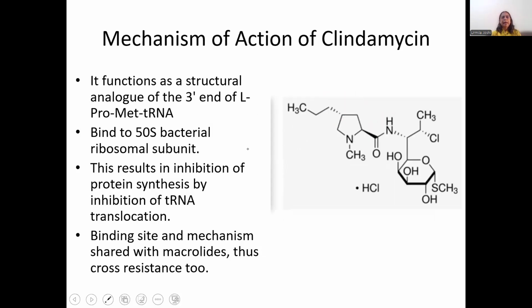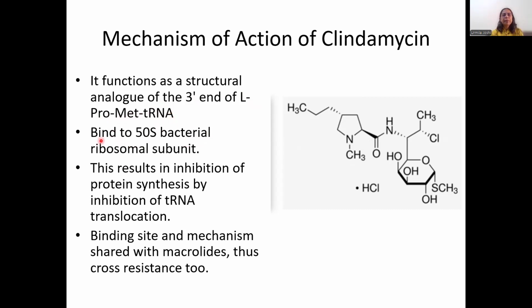Coming to mechanism of action of clindamycin. This clindamycin functions as a structural analog of the 3' end of Pro-Met tRNA. Clindamycin is structurally similar to the 3' end of Pro-Met tRNA.